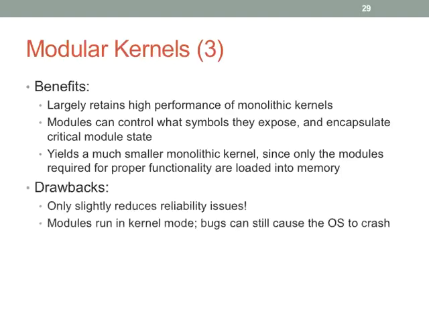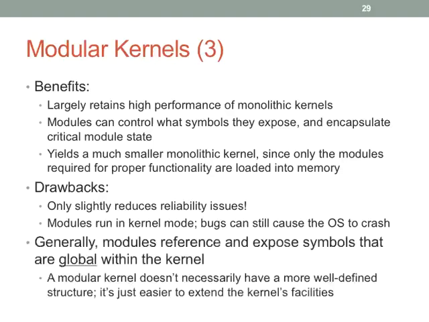Now, the drawback is you really only slightly reduce reliability because you still have these kernel modules that can talk to any part of the kernel. Like I can have a printer driver that messes with the process scheduler. That seems bad. So you can still have modules that can bring down the entire operating system. So it's pretty bad. And so like I said, modules basically reference and expose symbols that are global within the kernel.